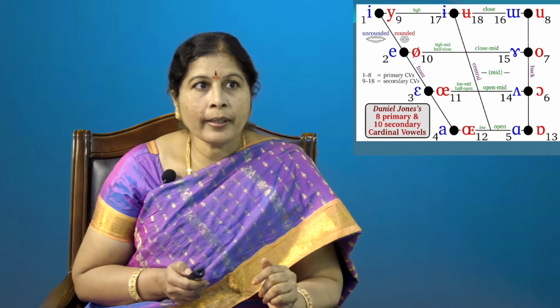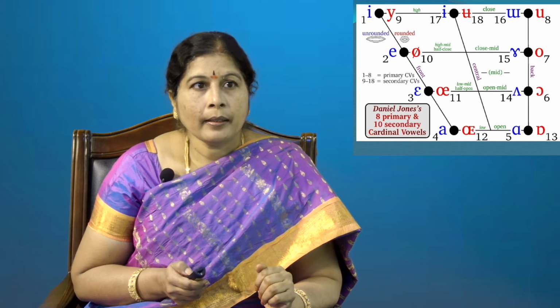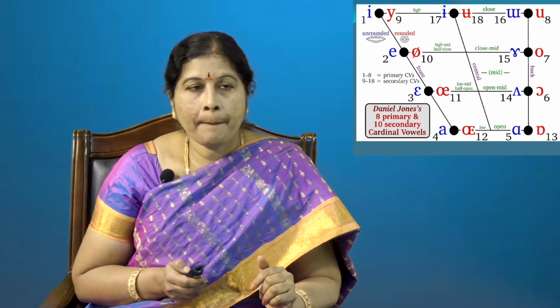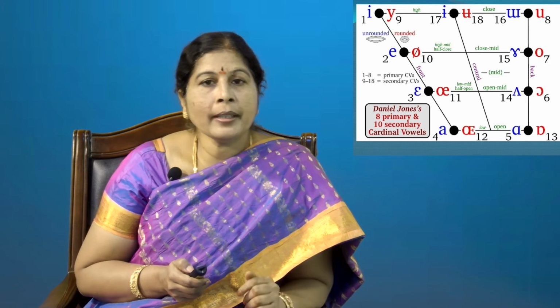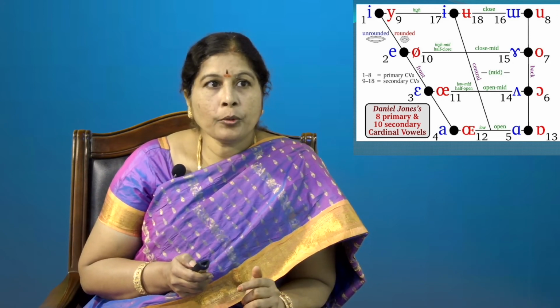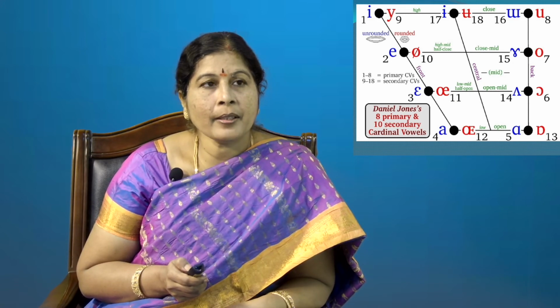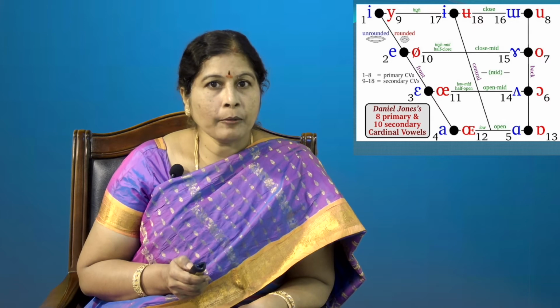So let us take one example, like when you are talking about pit or peel, we can refer to these with reference to the first one. You can see the first primary cardinal vowel.